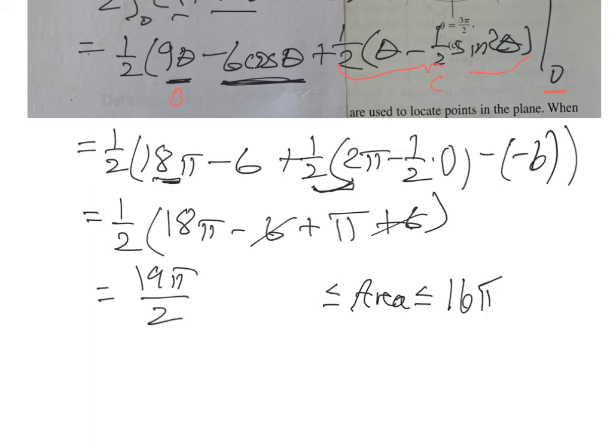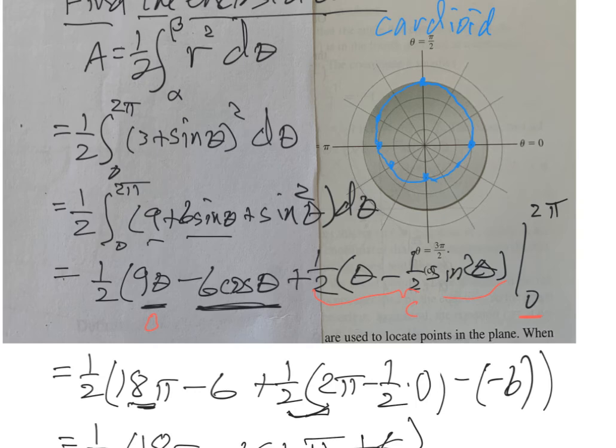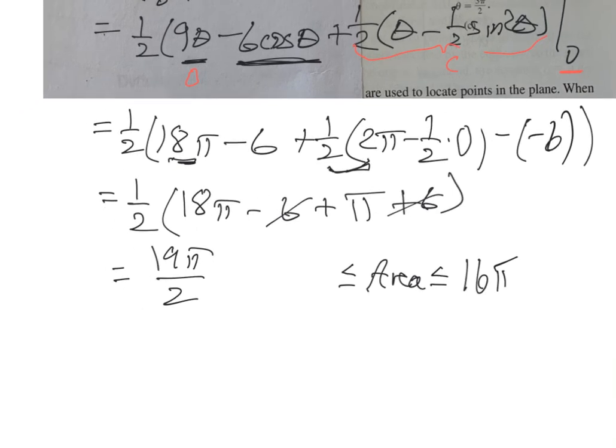And it totally contains a circle of radius 2, this circle right here. So it's totally contained by a circle of radius 4 and totally contains a circle of radius 2. So that means the area we're looking for has to be somewhere between 4 pi and 16 pi.